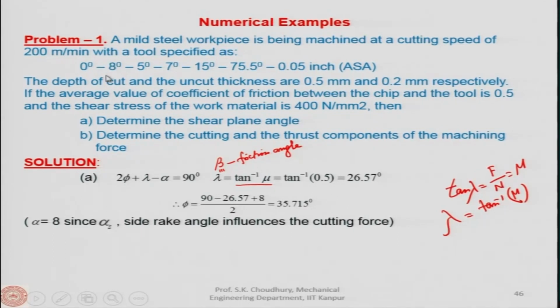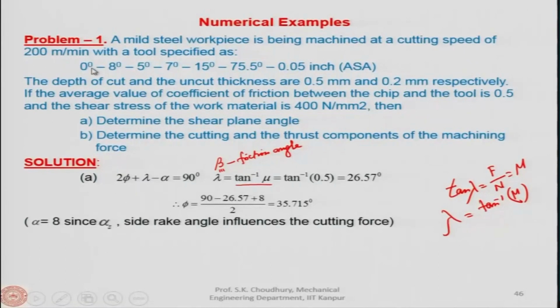If you remember, I told you that the side rake angle influences the cutting force and the power, whereas the back rake angle decides whether the movement of the chip will be appropriate, not parallel to the workpiece and not entangling the workpiece.